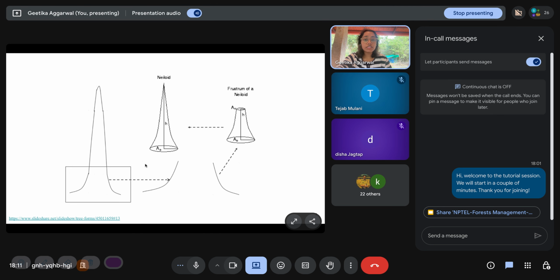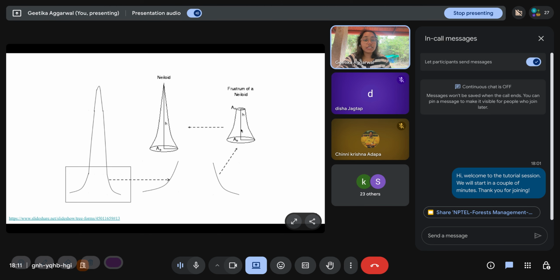Now, this is what a tree looks like, and this is what a neiloid looks like. And a frustum of a neiloid is basically when you cut down the top portion of the neiloid, which is conical, and this portion is called the frustum of a neiloid.